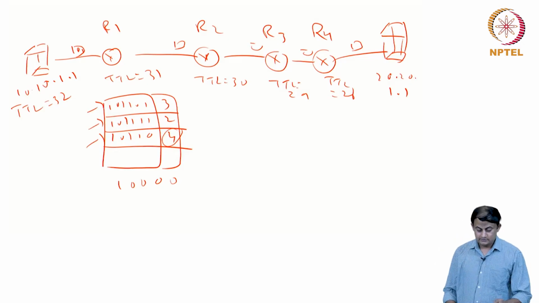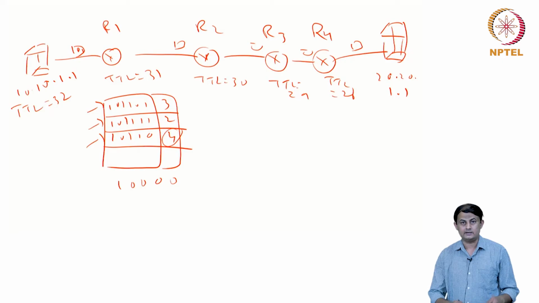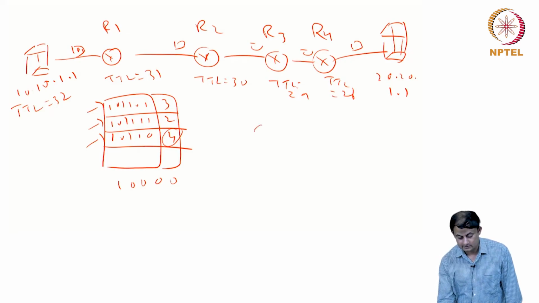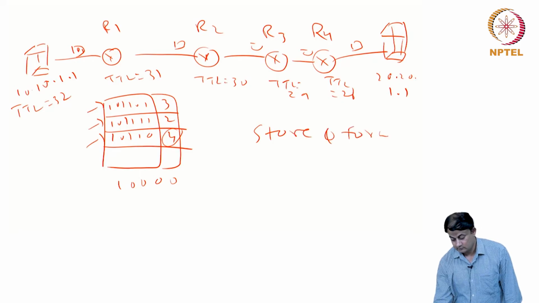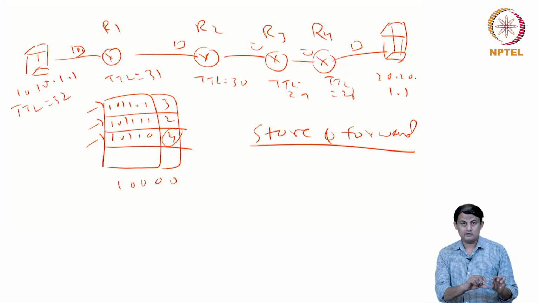And the second thing to remember is, when I say forwarding and the TTL is decrementing, this all operates with the concept called store and forward. What it simply means is that the bits on the link arrive sequentially.